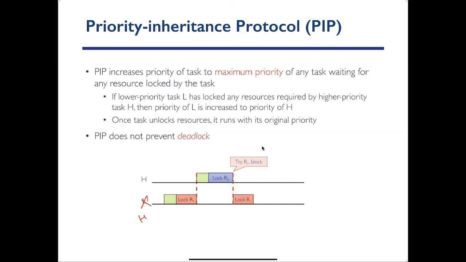So we go back to the low priority task, and now I'm changing its priority to high. And now if this task tries to acquire resource 2, I have deadlock, because I have two tasks with the same priority waiting for each other while holding the resources. So this PIP protocol is going to lead to deadlock.